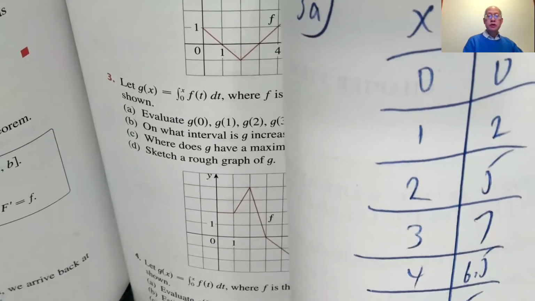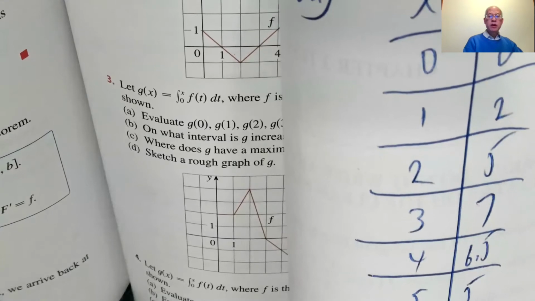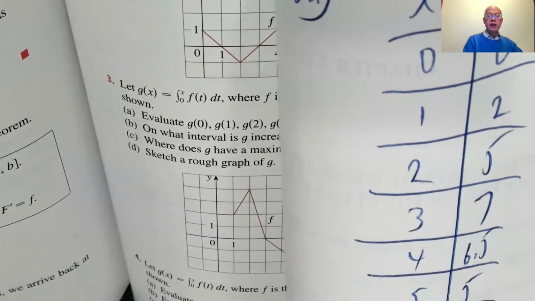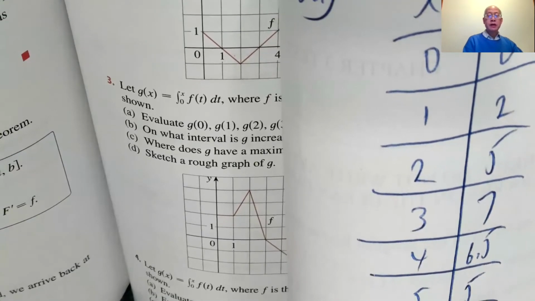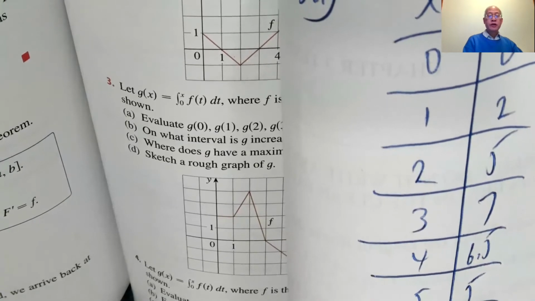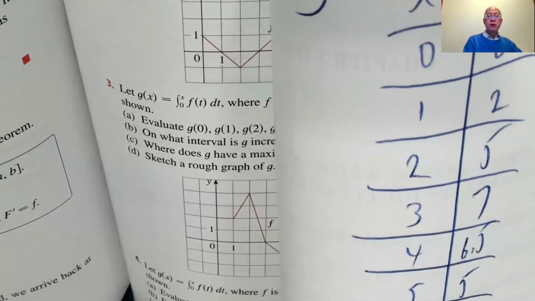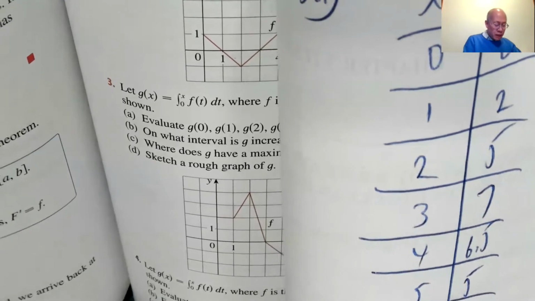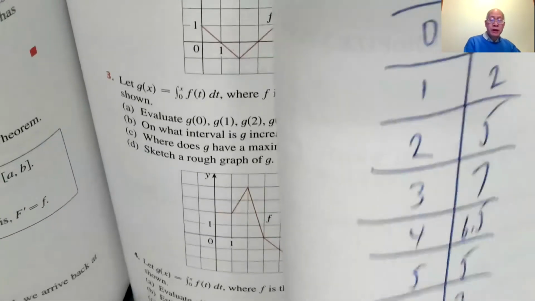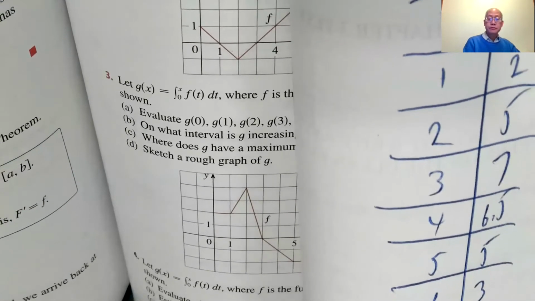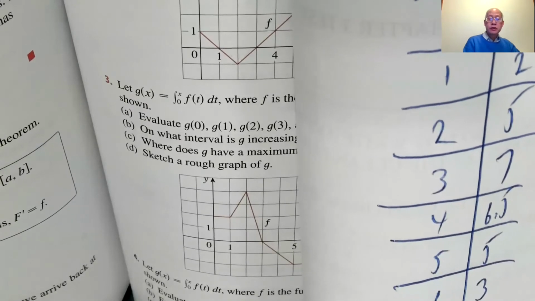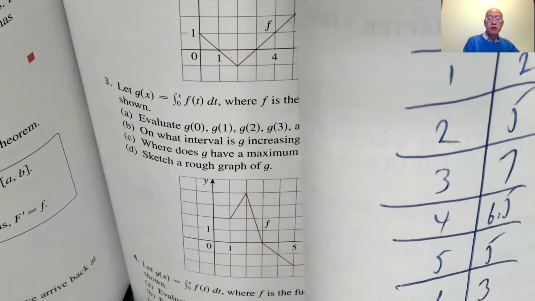Between 1 and 2, there's 3 more: 1, 2, and then if you look at the triangular region at the top, it's 1/2 base times height, that's another 1/2 of 1 times 2, or 1. So I add 3. Grand total of 5. Then between 2 and 3, the height is 1, 2, 3, 4.